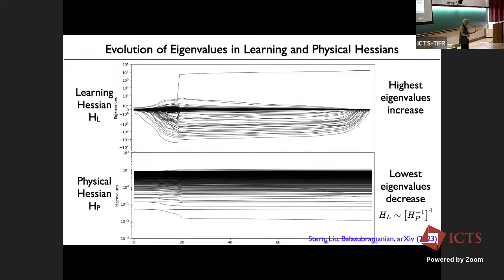It's probably easier to make it learn because it has more degrees of freedom. Because it's floppy, it can move around, and probably that's the one which learns first and separates out in the learning Hessian. So that is some physical intuition as to why the lowest one is coupled to the highest one there.